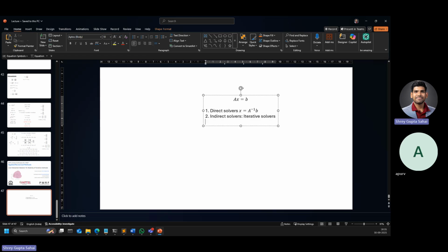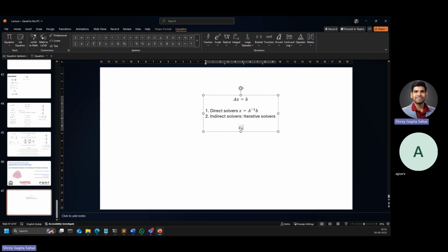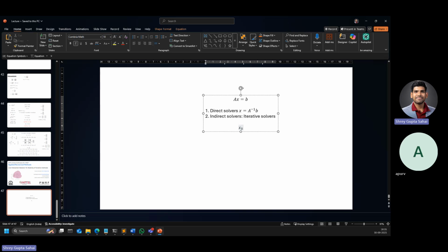And what you do is you start with the initial guess, and just like how we had tried to solve for the square root of a number, we do this.